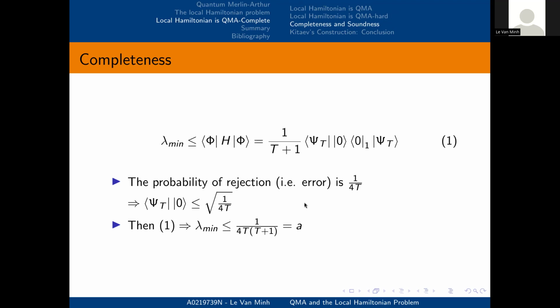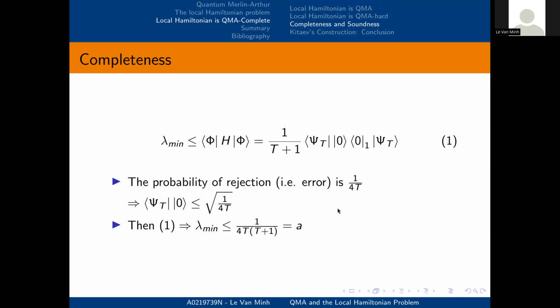And we plug that into expression number 1. We will get back that the minimal eigenvalue will be smaller than 1 over 4t times t plus 1. That is some reverse polynomial of n, because t is polynomial in n. We put this as a.